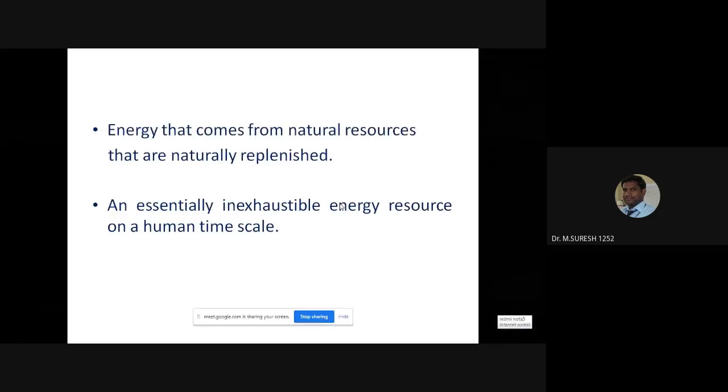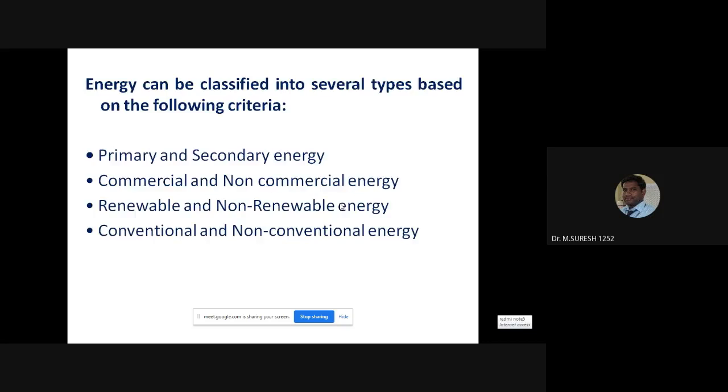So it may be useful for all developing and already developed countries. I also explained conventional and non-conventional. A question may be asked: what is another name of conventional, or another name of non-conventional? You can answer renewable and non-renewable, commercial and non-commercial, primary and secondary energy.